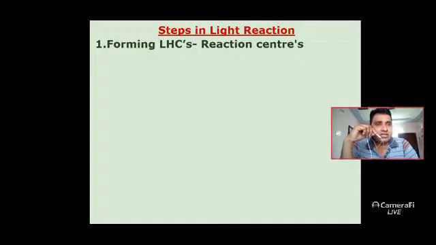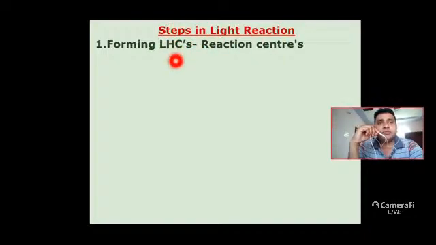So the first one is how the light is absorbed. I already told you, in plants there are special light harvesting complexes. LHC is nothing but light harvesting complexes. These light harvesting complexes absorb the light energy from the sun.